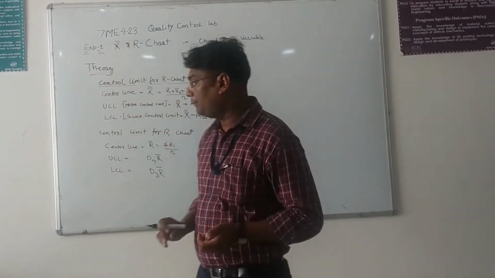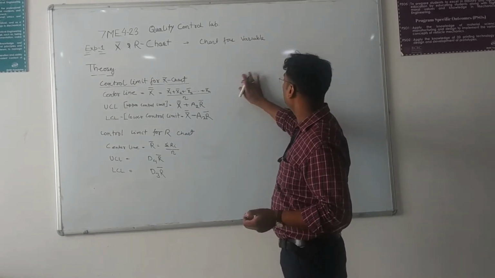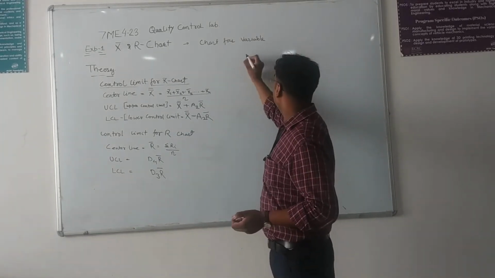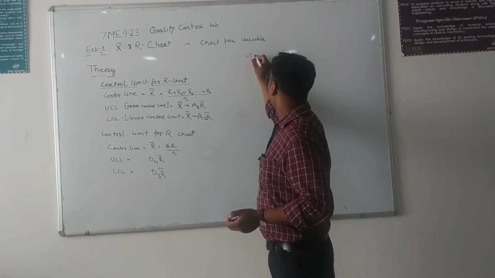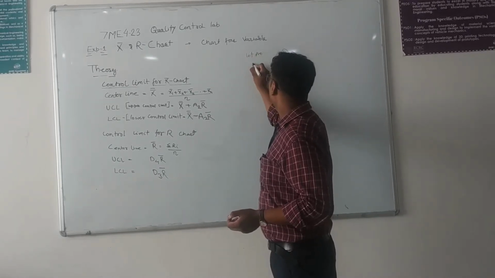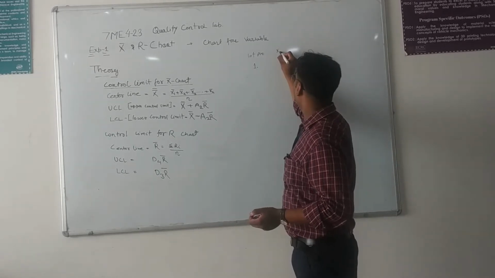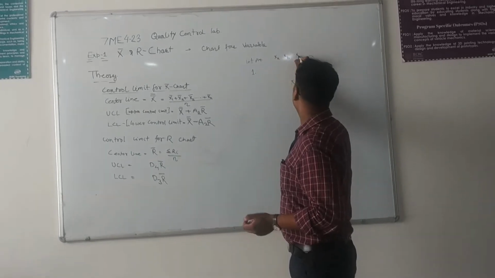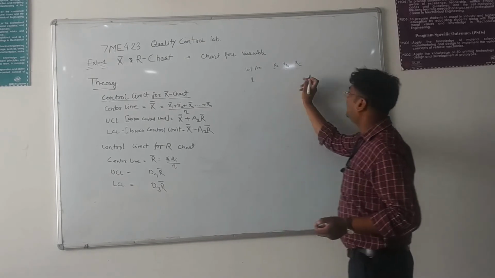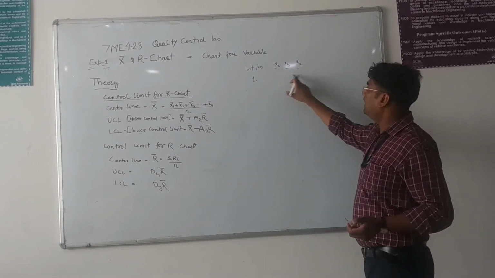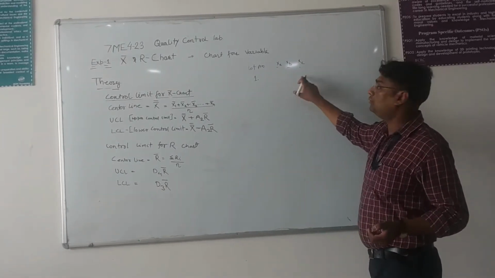After taking a sample, we make a table with lot number, say 1, and data xa, xb and xc. These are samples, the values of diameter of samples.